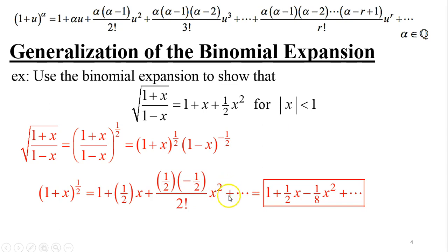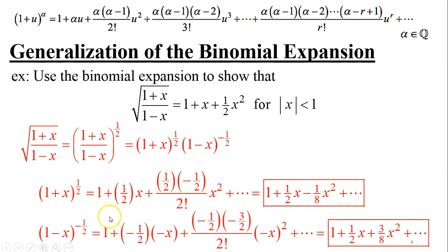So you'd see that I have a plus with an ellipsis here because the expansion can keep on going infinitely. We just decided to stop it up to the term in x squared in this example. So simplifying the first three terms, we'd have 1 plus half x minus 1 over 8 x squared.